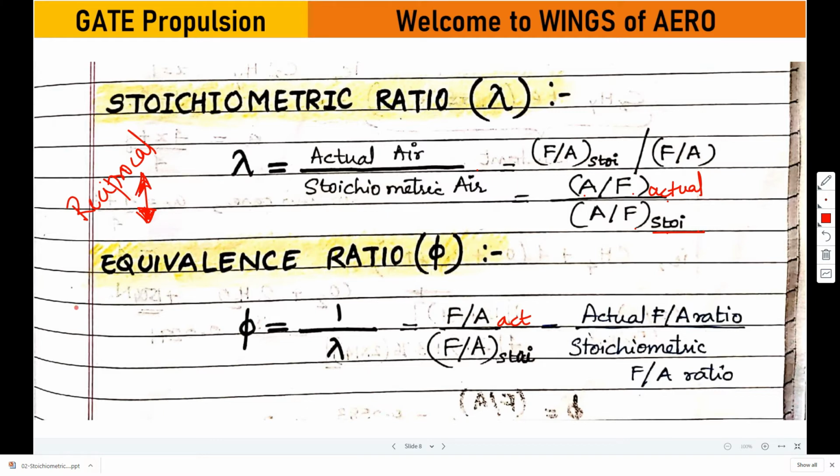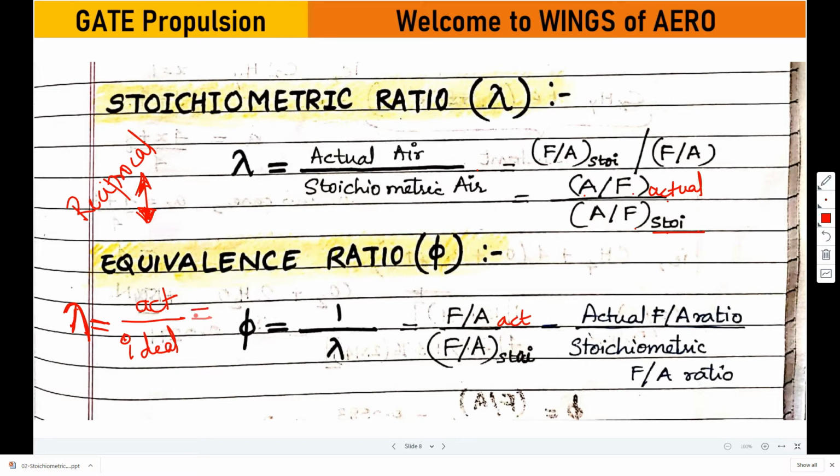So I remember it in such a way: I know the stoichiometric ratio is in terms of lambda. Lambda looks something like an A. So I know it is a ratio of actual by ideal. Stoichiometric means ideal, there is no way to ignore that.